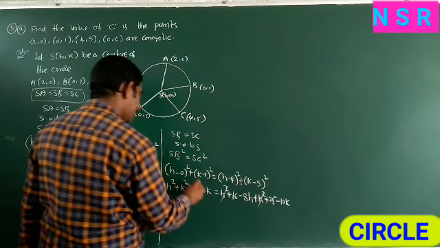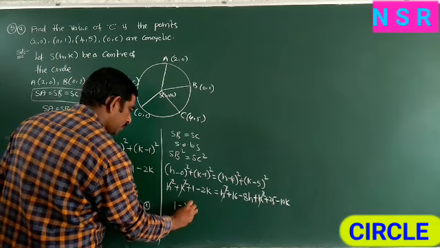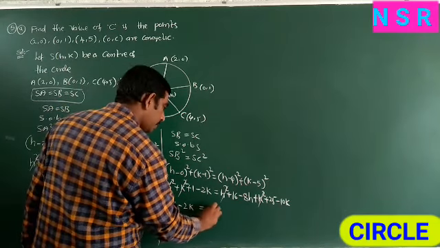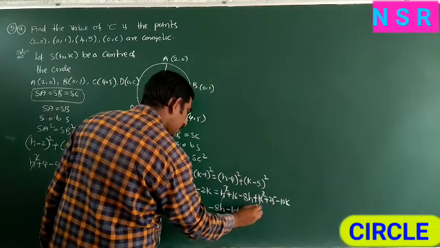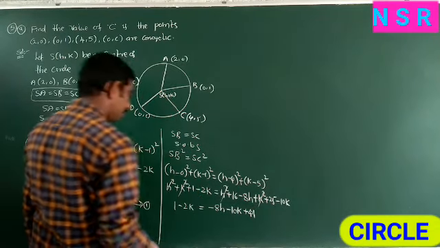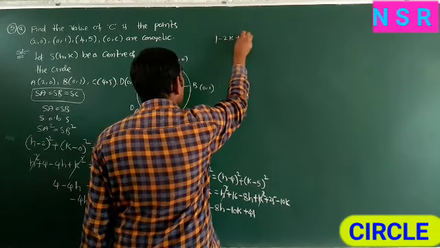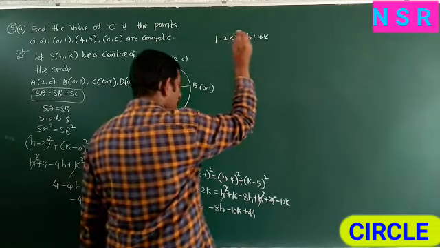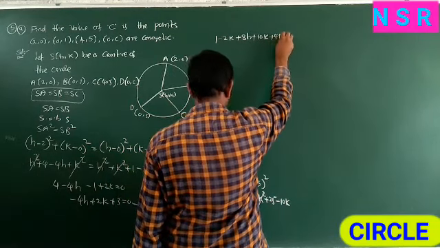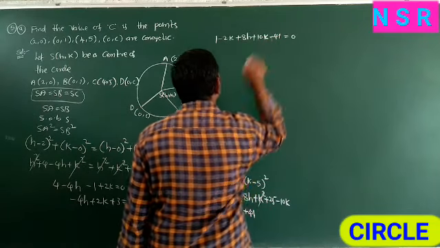So both sides h square and k square get cancelled. So we get 1 minus 2k equal to minus 8h minus 10k plus 25 plus 16, 41. So moving this side, we get 1 minus 2k plus 8h plus 10k minus 41 equal to 0.